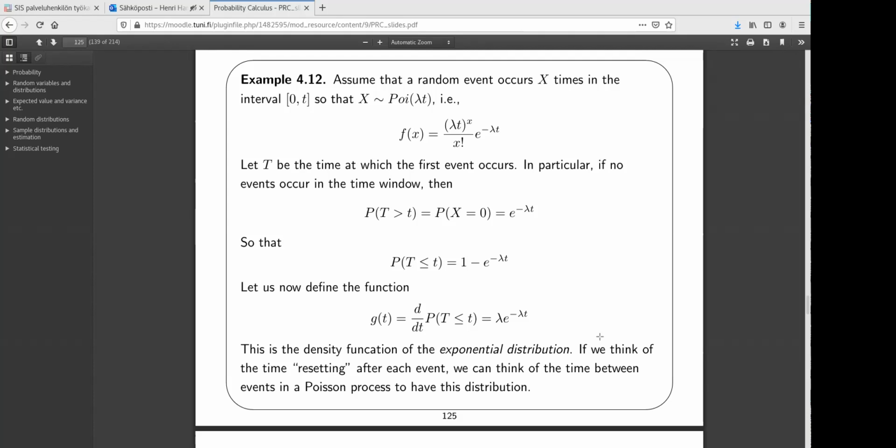If we have a Poisson distribution with parameter equal to lambda, lambda being the number of events in one time unit or one distance unit or whatever, then the distance between two events, that is also a random process.